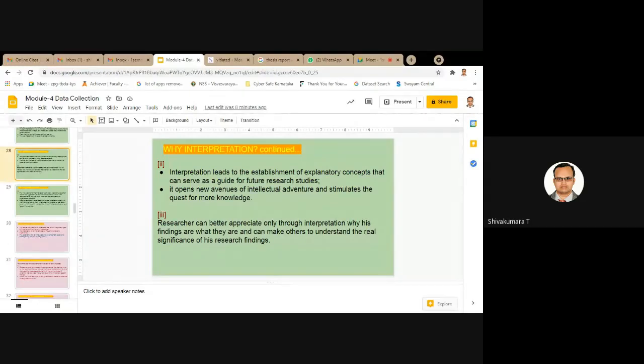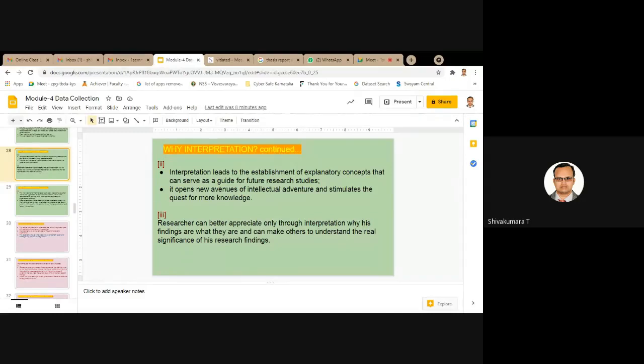When you start writing the report, whatever you have done so far, the experimentation or any explanation, explanatory concepts, or any explanatory descriptive studies, if you represent everything in the form of writing, in the form of statements, then that helps the new people who have an interest in research. Definitely they will take up your work as a literature review.